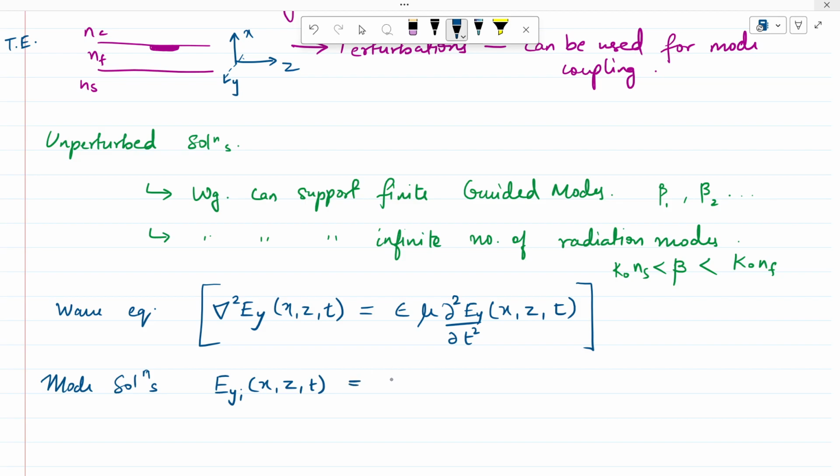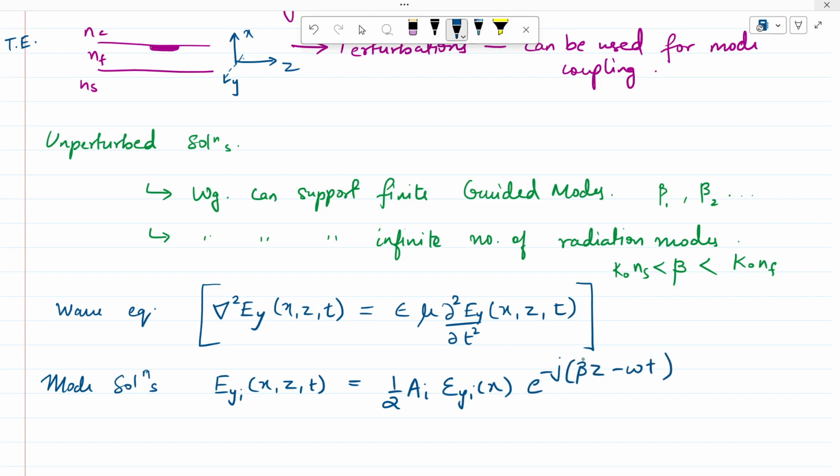is equal to half of ai, these are the amplitudes, times Eyi of x, this is the mode profile, times e power minus j beta z minus omega t.